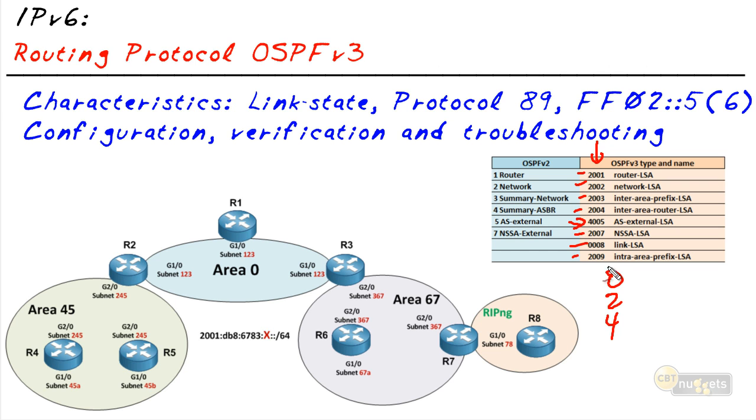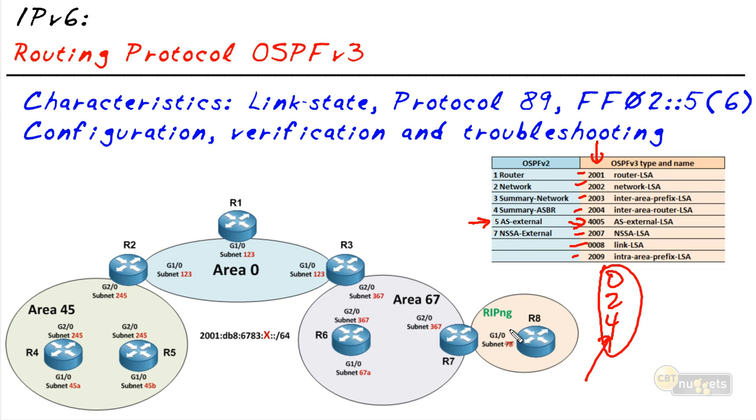And that first number, what that tells us right off the bat, it tells us how far that LSA should be propagated and forwarded. For example, let's start at the bottom right here. An LSA that begins with 4005. That needs to be forwarded throughout the entire autonomous system. And an example of that would be our external route right there.